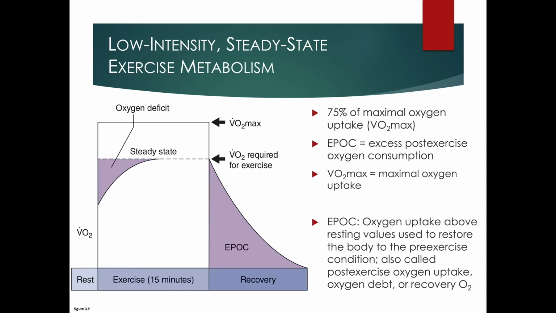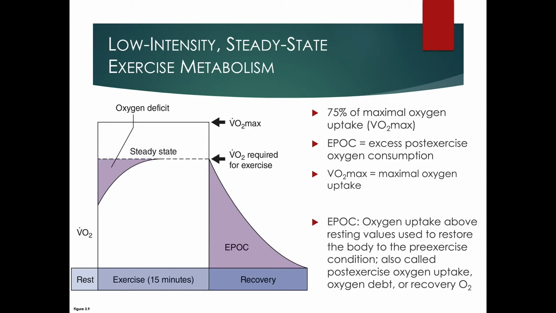So when I start to exercise, it takes time. The oxidative system is a reactive system. It's a slow system. It takes a while for it to get warmed up and get going. So when I start to exercise, the available amount of O2 is far lower than the requirements for exercise.